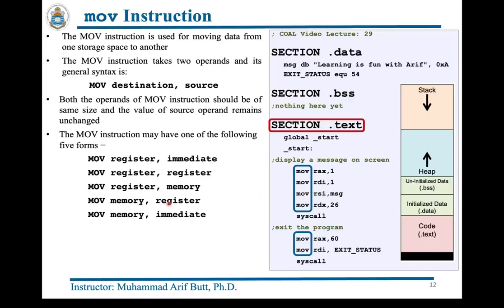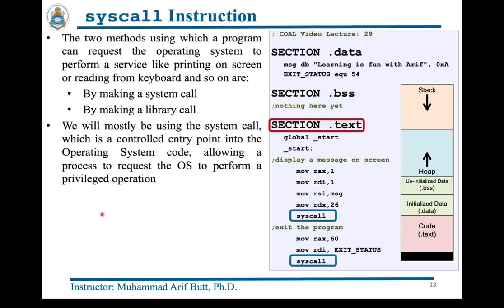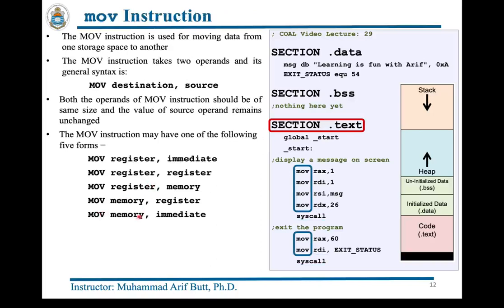Move memory register, if you want to move the contents of a register to a memory location. And move memory immediate, if you want to move some immediate value to some memory location, you use this form of the move instruction. And remember, using move, you cannot move one memory location to another memory location. That is not allowed in x86-64.